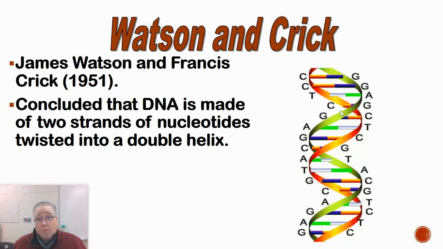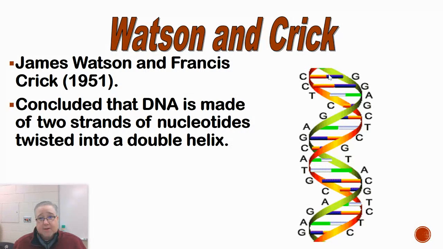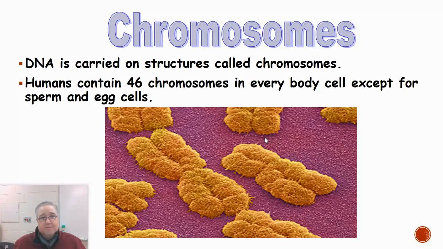So everywhere you see silver, you're also going to see green. Here's green and there's silver with it. There's green, there's silver with it. You see that all the way around. Anywhere you see orange, you're going to see purple. That's because cytosine always bonds to guanine. So there's a reason why it looks like this. It all has to do with those Chargaff's rules. And of course, it's that twisted ladder shape that we're probably somewhat familiar with.